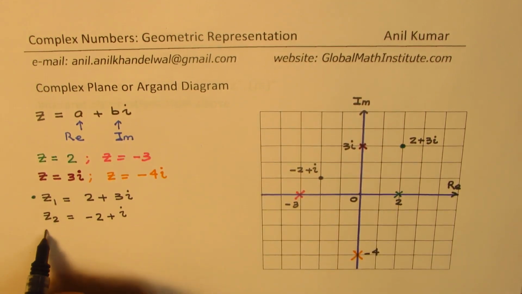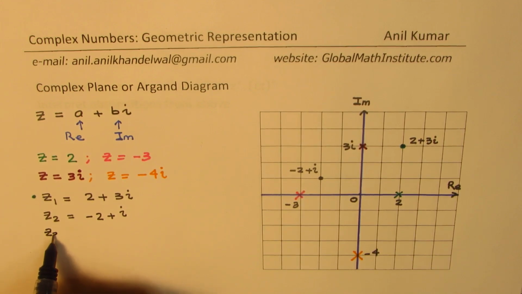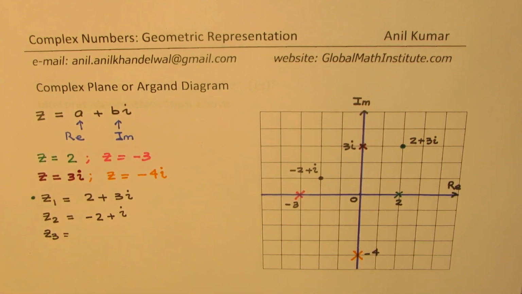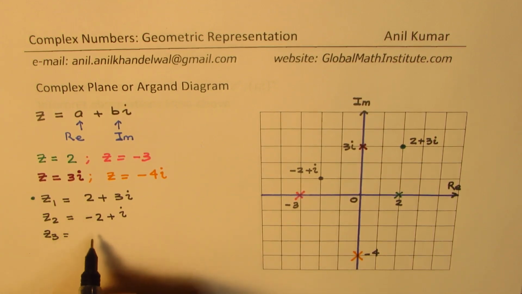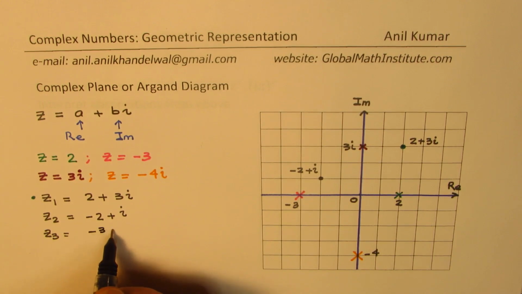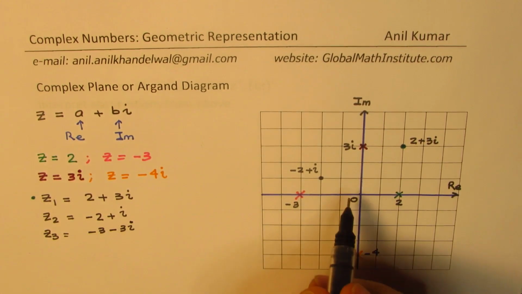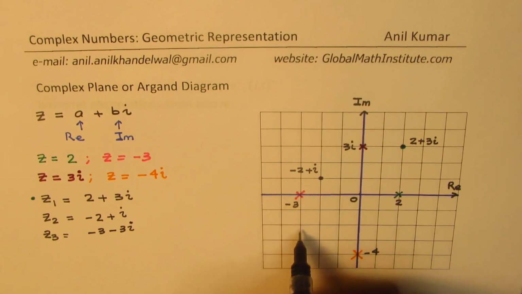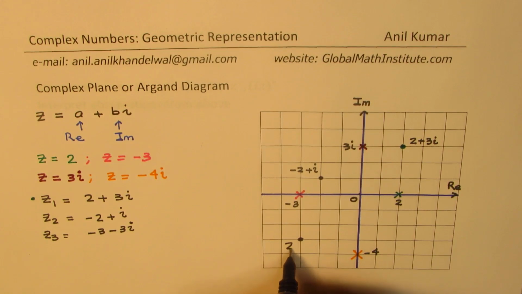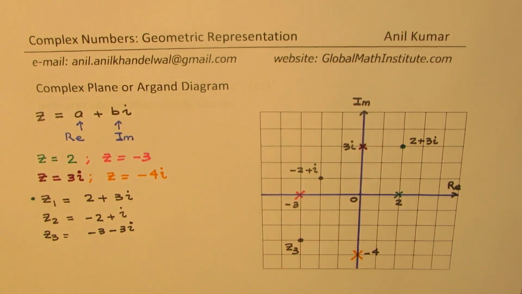The complex number which has both real and imaginary parts negative will be represented in, you can say, quadrant 3, right? Let's say if I have minus 3 minus 3i. That means minus 3 and minus 3i will be a point here. So that becomes your point z3. Is that clear to you?